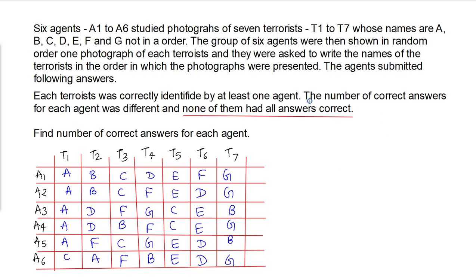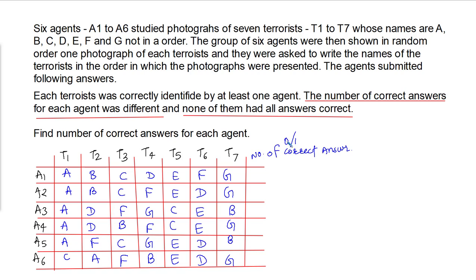And the number of correct answers for each agent was different. So what does it mean? The number of correct answers for each agent can be 0, it can be 1.